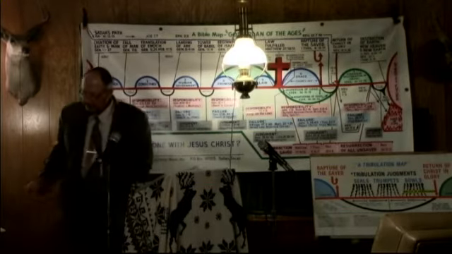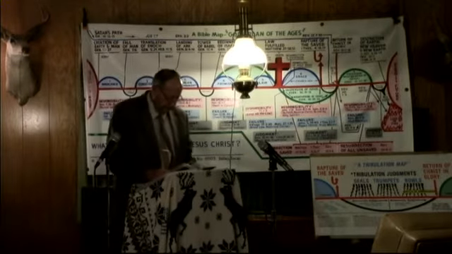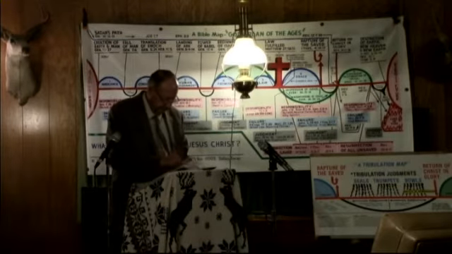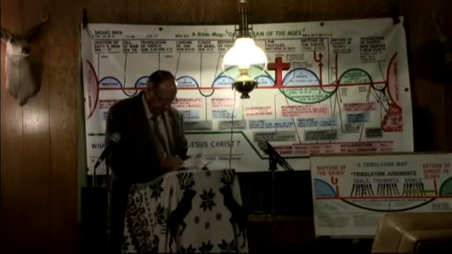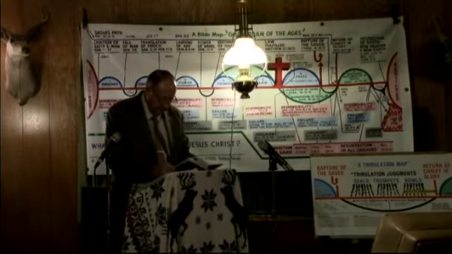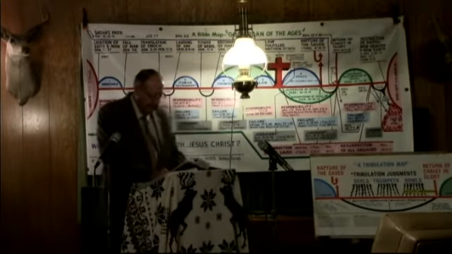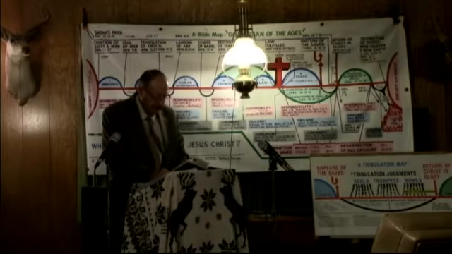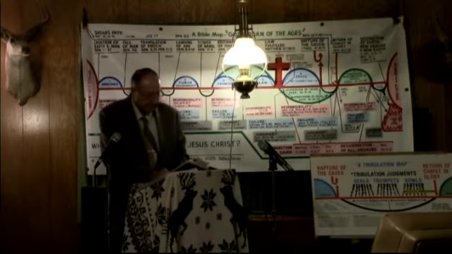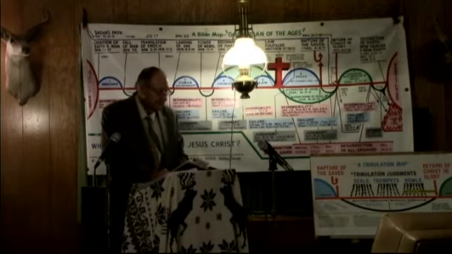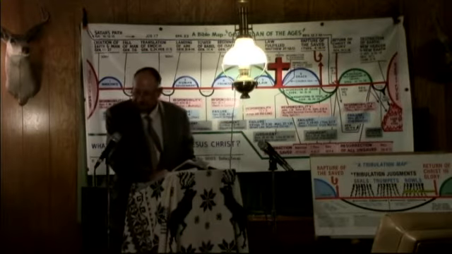Let's go back and read this in the Amplified now, from where we've gone so far. If a man hits the eye of his servant or the eye of his maid so that it is destroyed, he shall let him go free for his eye's sake. That is, God is castigating them for what they've done.